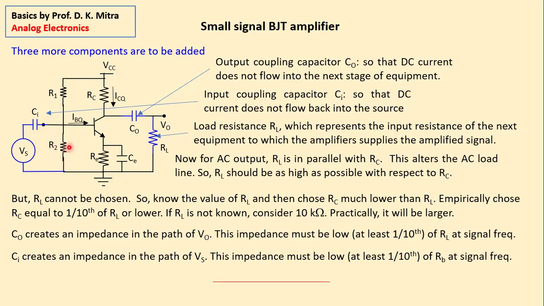So the impedance value of CI must be much lower than the parallel equivalent resistance RB. And whenever we say lower or higher, you take a 1:10 ratio. So these are finally the three new elements: two coupling capacitors and the load resistance.